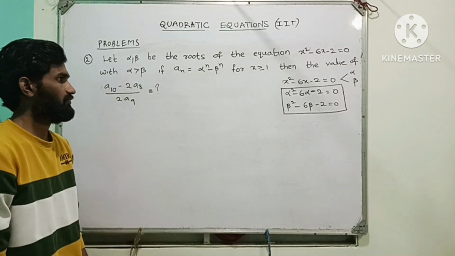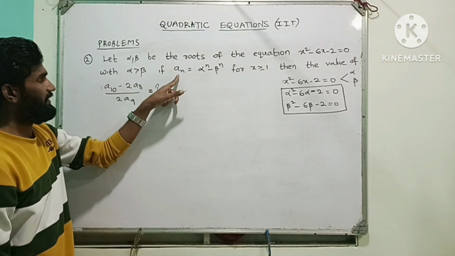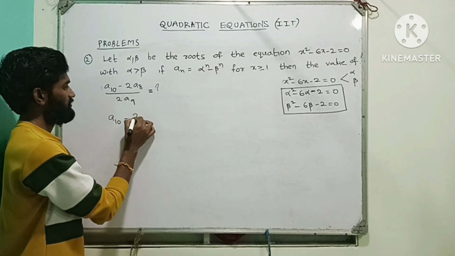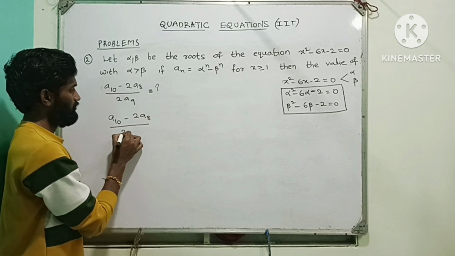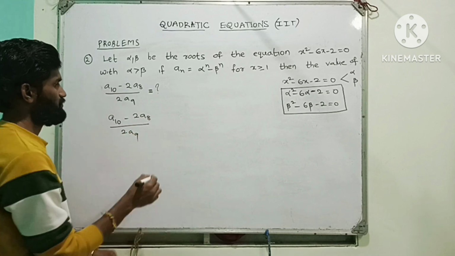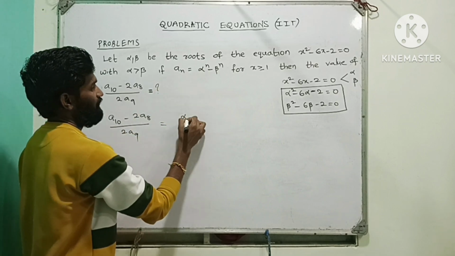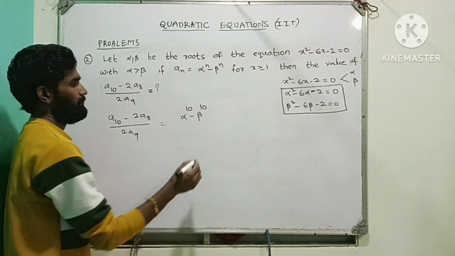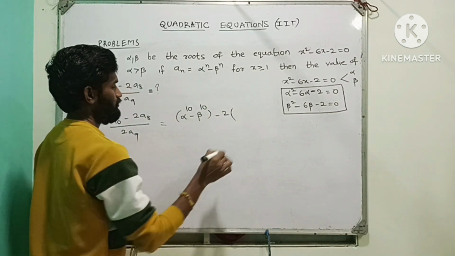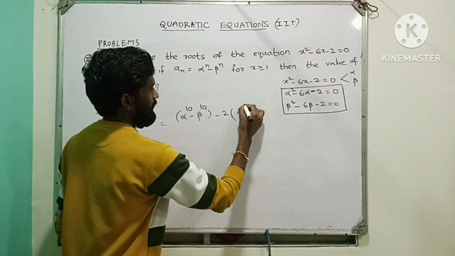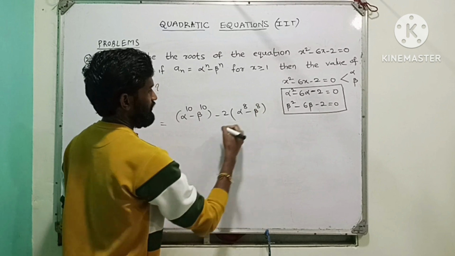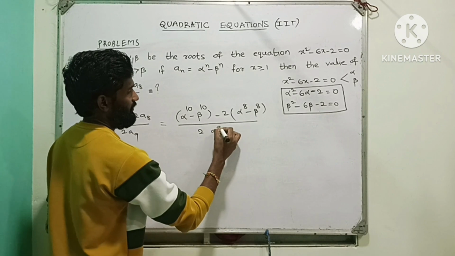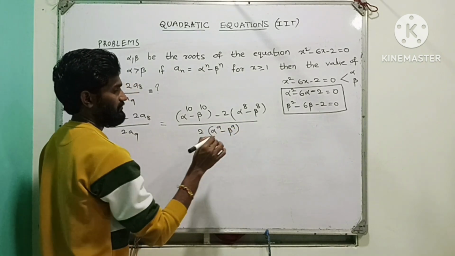Now listen carefully. It is given that an is alpha power n minus beta power n. We need to find (a10 minus 2a8) by 2a9. Now just observe here. a10 is nothing but alpha power 10 minus beta power 10, minus 2 into a8, meaning alpha power 8 minus beta power 8, by 2 a9, which is nothing but alpha power 9 minus beta power 9.